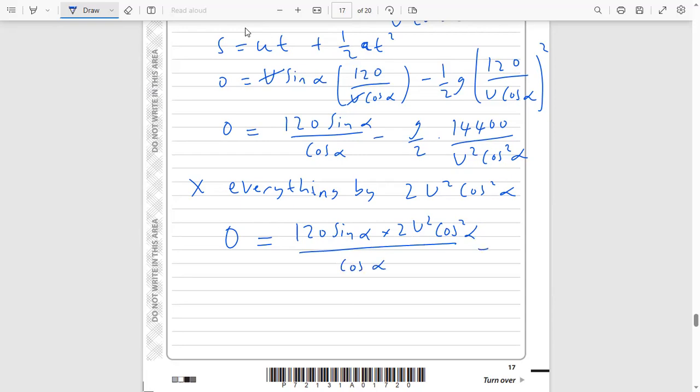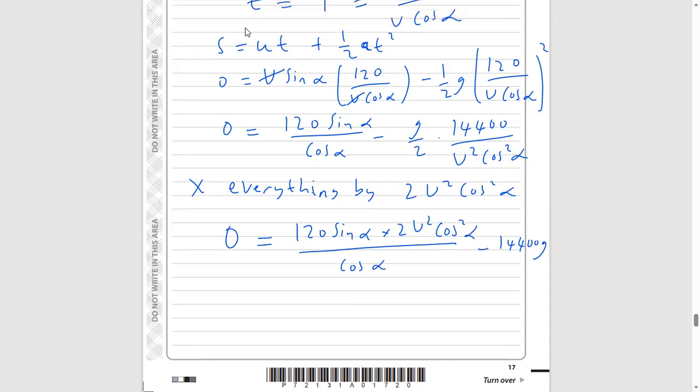And then take away g times 14,400 over 2 u squared cos squared alpha, times 2 u squared cos squared alpha. So that cancels out, and we're just left with 14,400 g. Hopefully that all makes sense: multiply all three terms by this 2 u squared cos squared, and we get that.